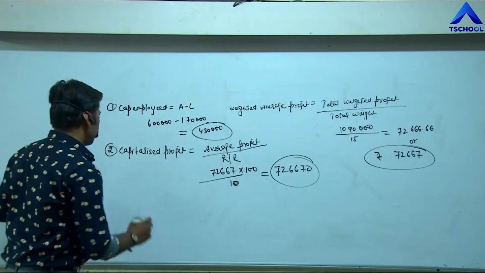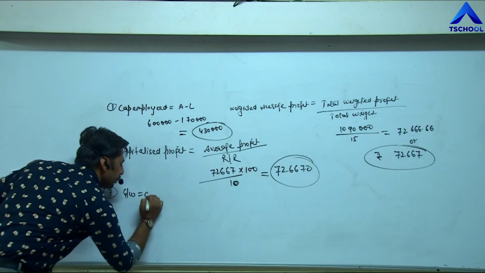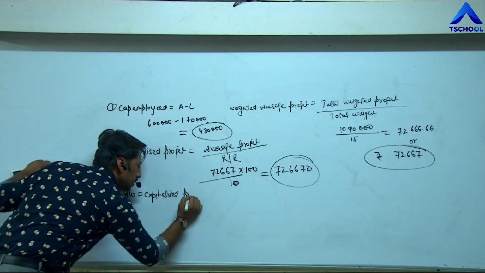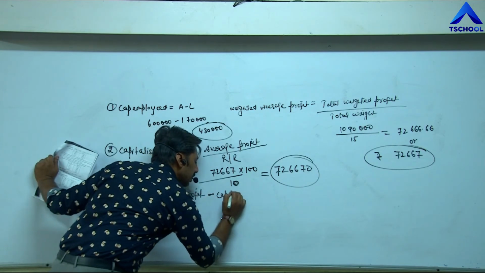And last step, goodwill. Goodwill is equal to capitalized profit minus capital employed.